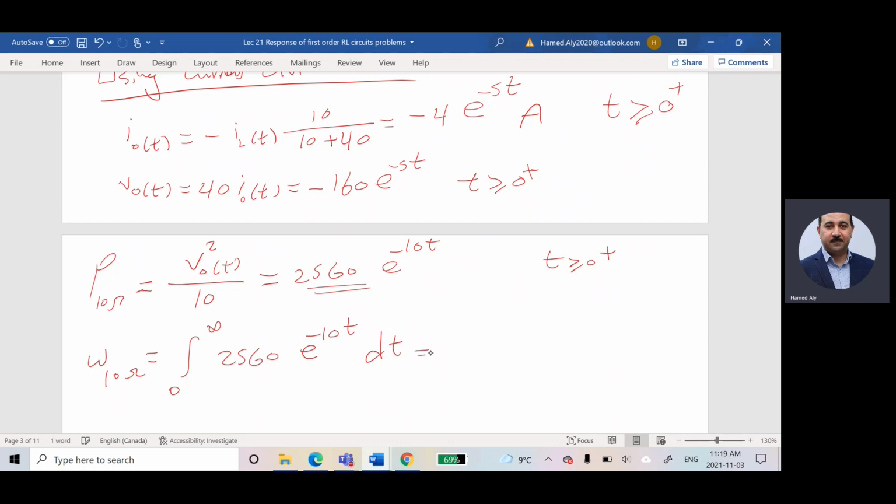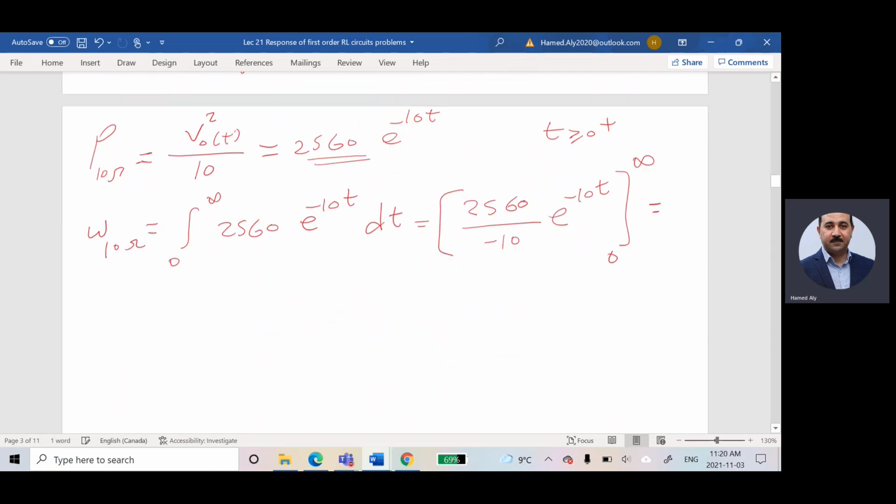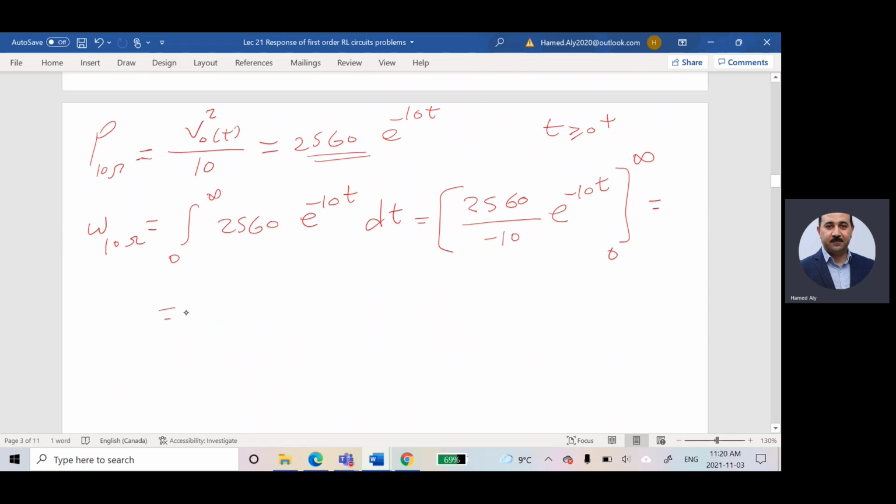This will be equal to 2560 divided by negative 10, multiplied by e to the power negative 10t, from 0 up to infinity. So if you calculate this, it will be equal to 256 joules.